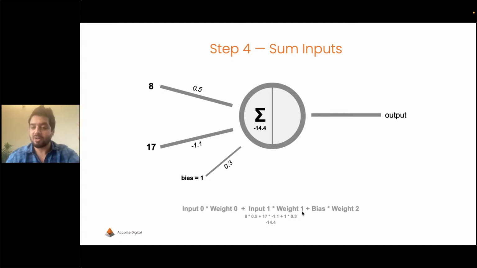But because we have multiple inputs, for example input 0, 1 and bias, we sum them, because we want the output to be a single number which we can play around with and say, okay, this is right, this is wrong.